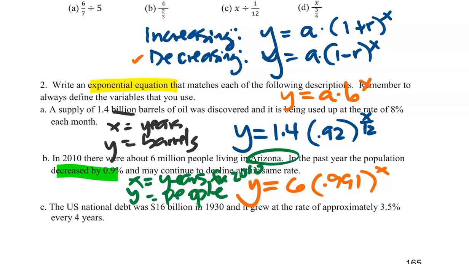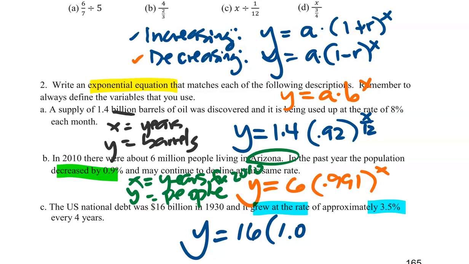Letter C, the US national debt was 16 billion in 1930 and it grew at a rate of 3.5% every 4 years. So our equation here, 16 billion in 1930, and as you have a growth, so increasing, we have to use 1 plus r, so 1 plus 0.035 is 1.035 raised to x.